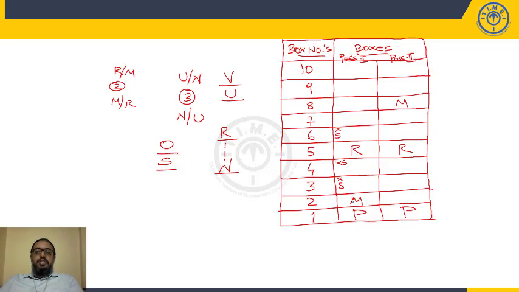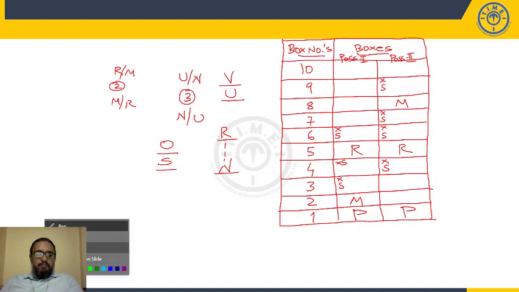So these three positions are ruled out for S. Now likewise here also neither R nor M is adjacent to S. So here in the other possibility, four positions are ruled out.